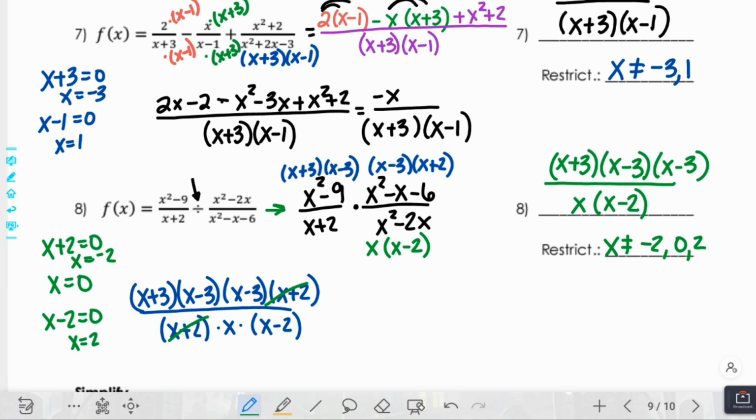If you wanted to write that x minus 3 and x minus 3 as x minus 3 quantity squared, like I just did in red, you can do that. Now, I'm not going to leave that because it's confusing, but you could write that instead of your two x minus 3s that I have in green. And we are ready for the next problem.